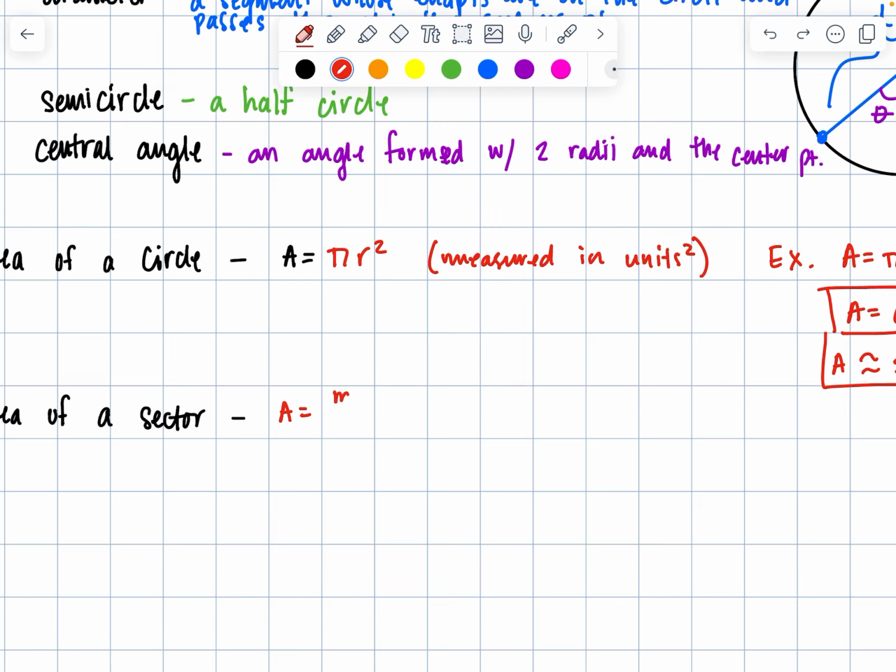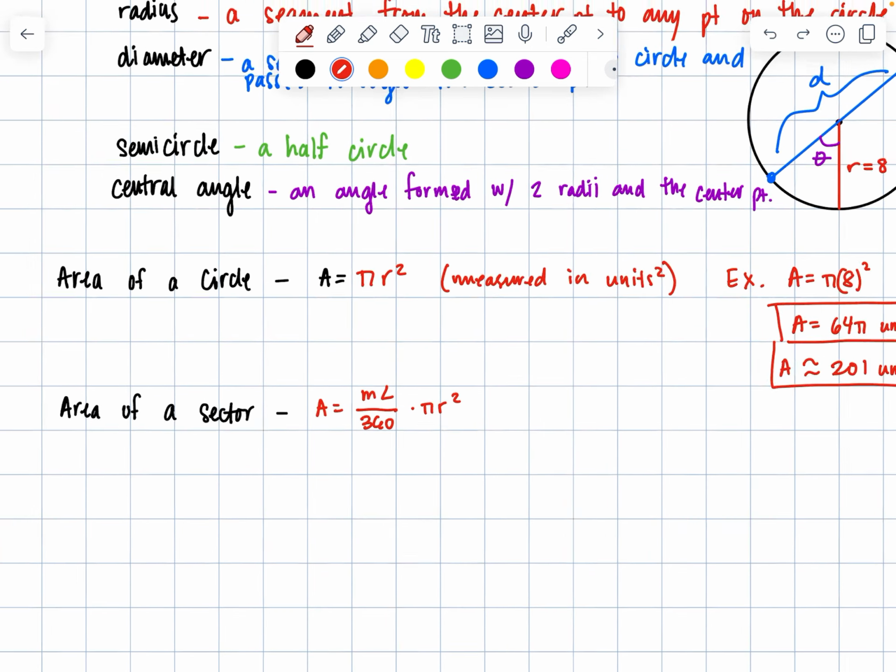The area is the measure of the central angle over 360 degrees times pi r squared. So here's your circle, here's your fraction of it, and we literally just take a fraction of the circle.